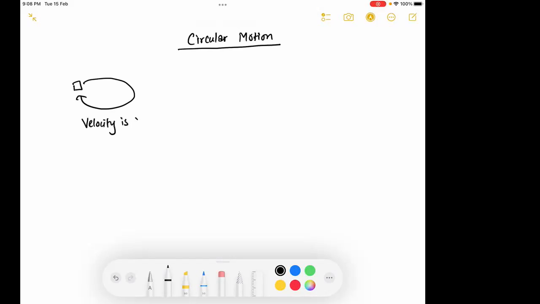Why? Because when it is moving, you can see that the direction is changing. But the magnitude is the same.